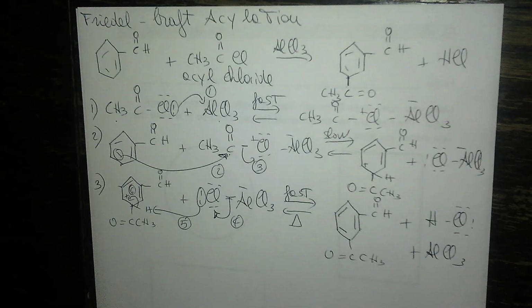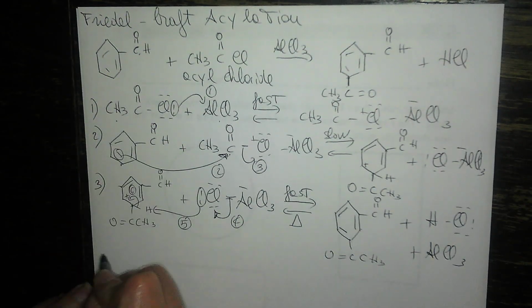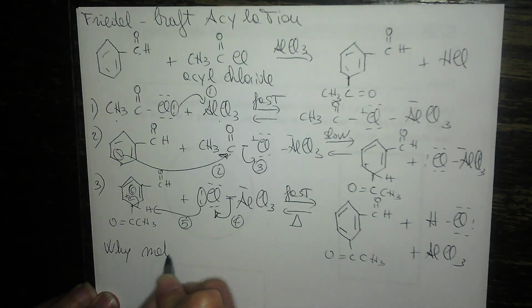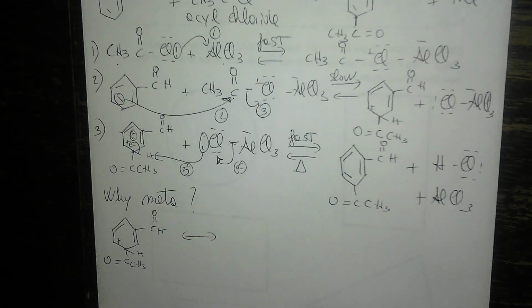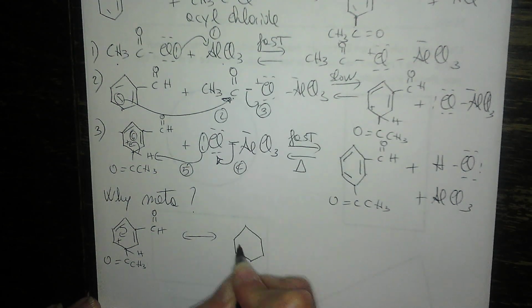So now, why is this substituent meta? Why meta? We start again from the arenium ion. The arenium ion was this. Double bond here, C double bond OH, this is C double bond O CH3 and an H. Let's play with resonance structures. Flow these electrons in this position.